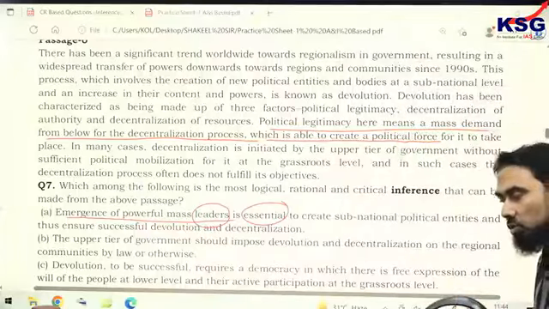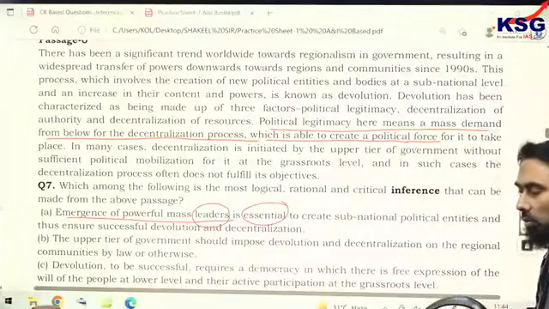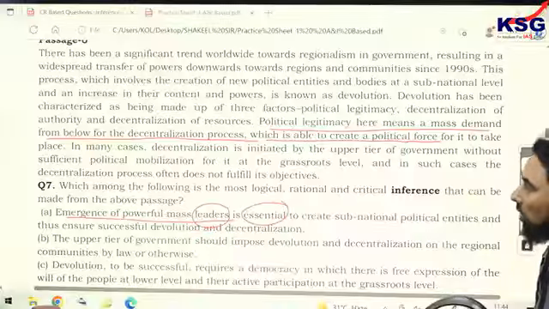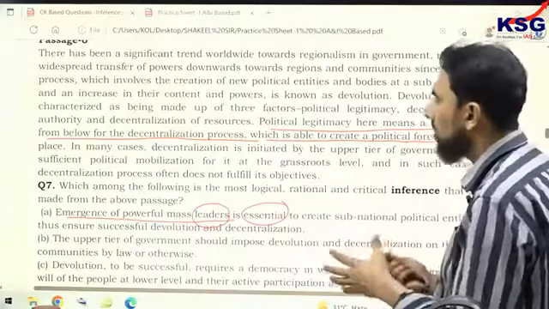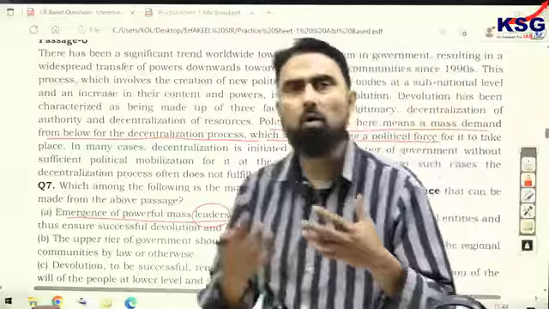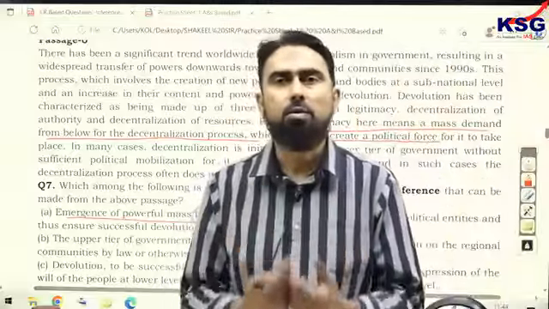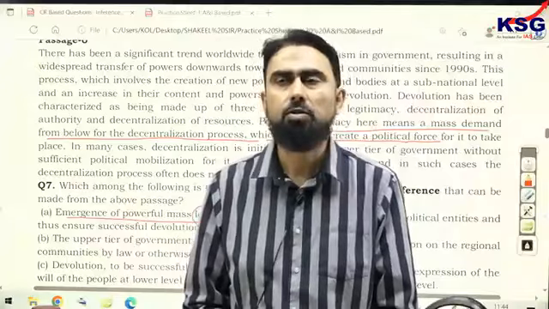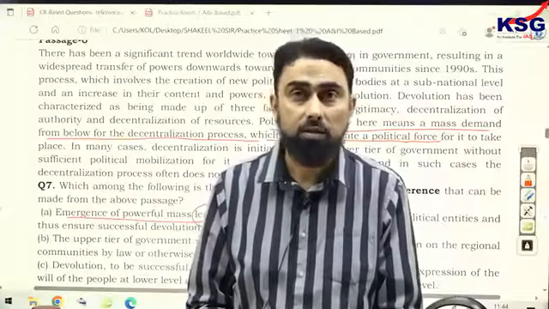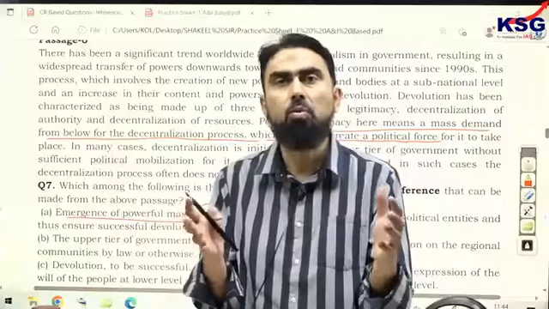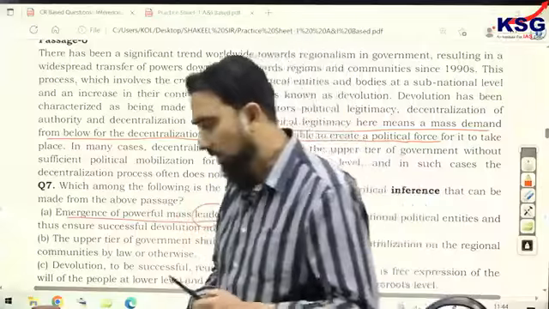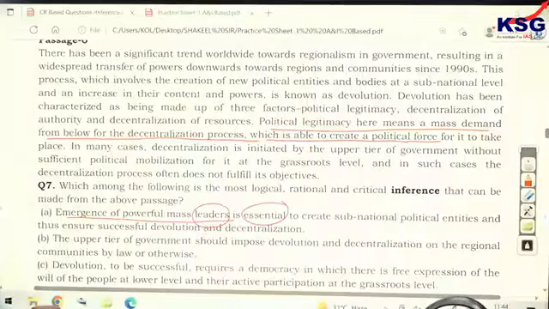We don't know from the passage whether this mass demand is driven by mass leaders, or it is just a group of people who are leading it. So we don't have sufficient data to say that the emergence of the mass leaders is essential.